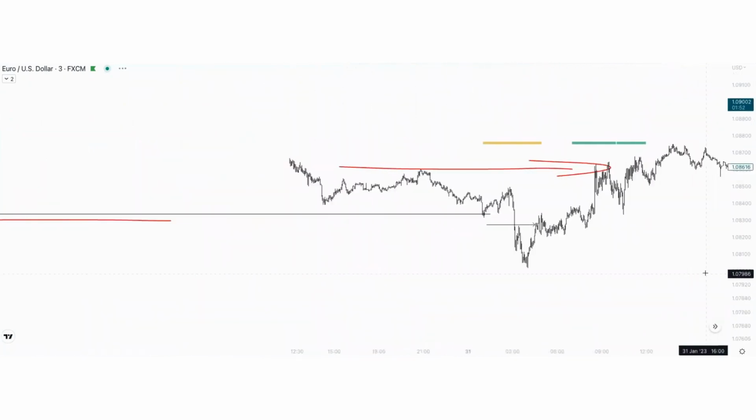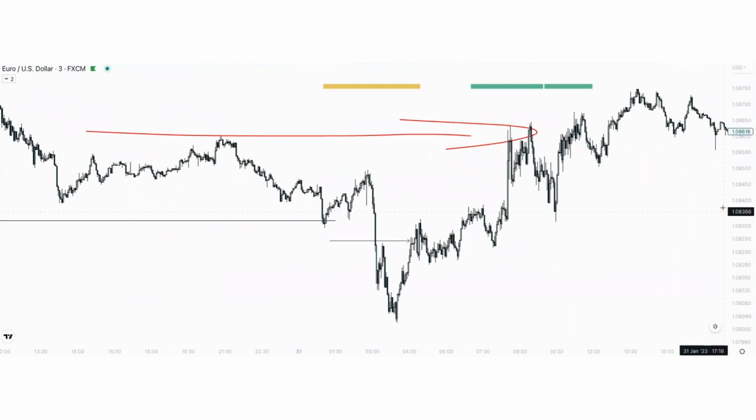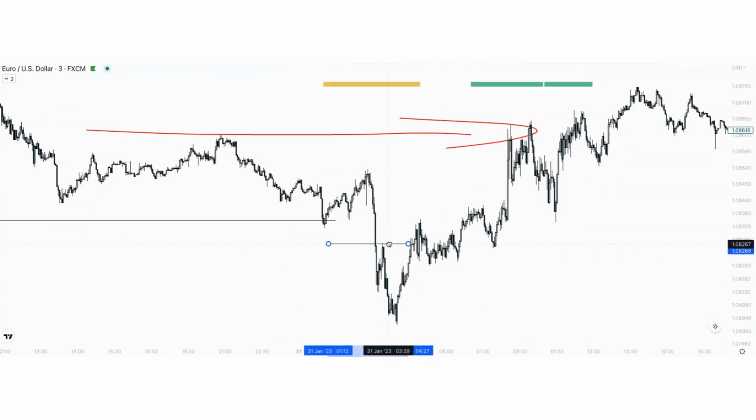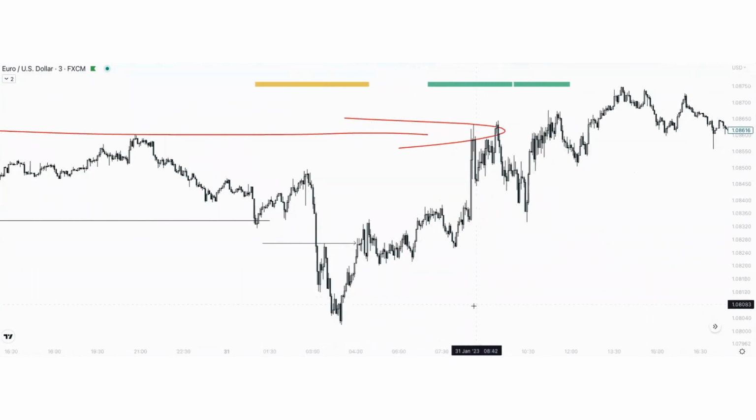You can see it in 3 minutes, but it's not really that significant a move to the upside. But after this range, this candle right here really made a difference. It really changed the character from bearish to bullish, right?